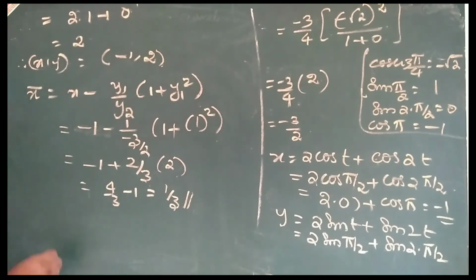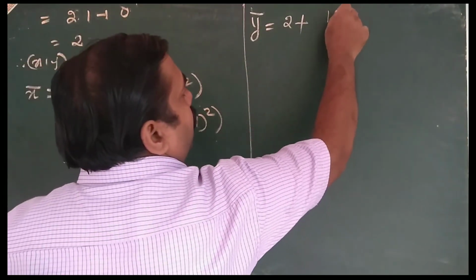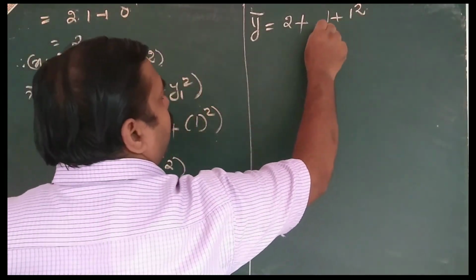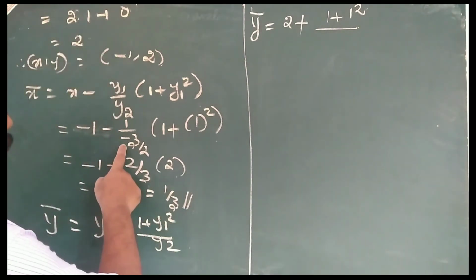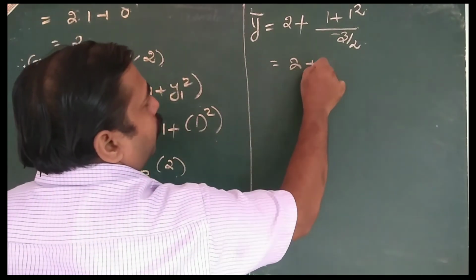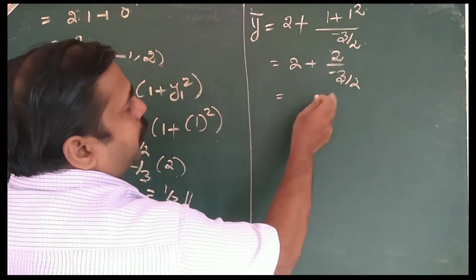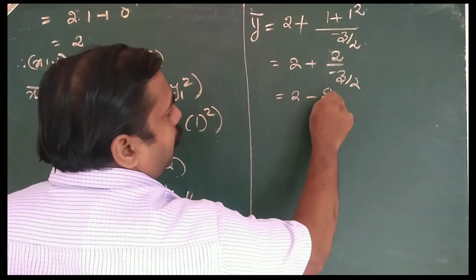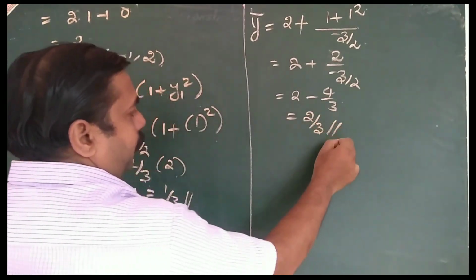So next y bar. What is y bar? y bar is equal to y minus (1 plus y1 square) divided by y2. What is y2? y2 is our value, minus 3/2. So that is equal to 2 plus 2 by minus 3/2. So that is 2 minus 4/3, that is equal to 2/3.